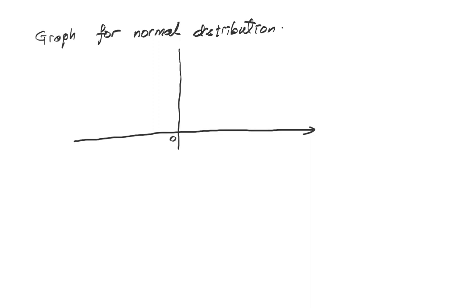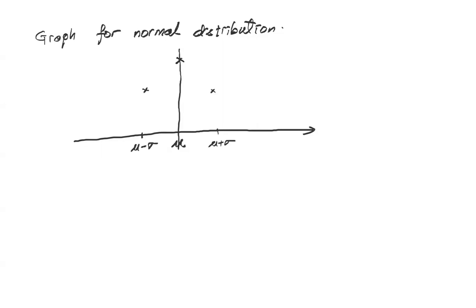The highest point will be the mean, at the middle, so it's symmetrical. Mean plus one standard deviation and mean minus one standard deviation will be the points of inflection.